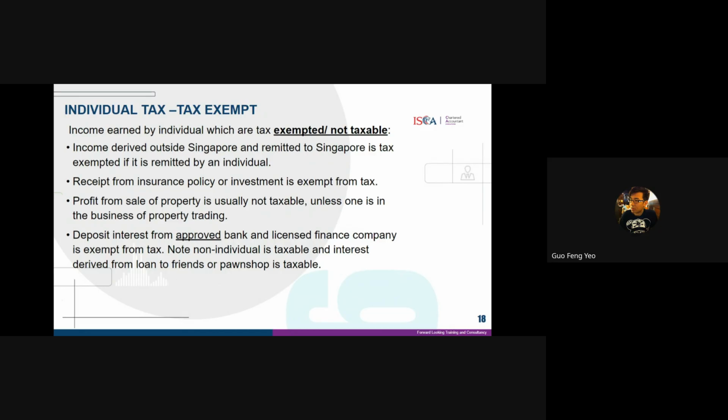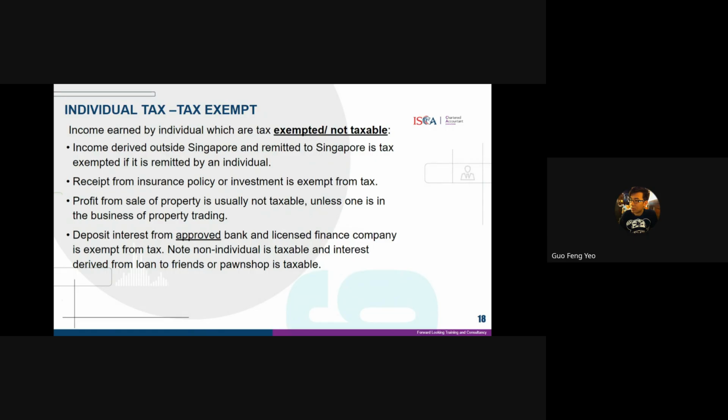While it is out of scope of this topic, you may wish to know that whether or not a gain is capital or revenue in nature is determined by a concept known as the 6 badges of trade. You will learn more about this in the other modules. Lastly, deposit interest from approved banks and licensed finance companies is exempt from tax for an individual.